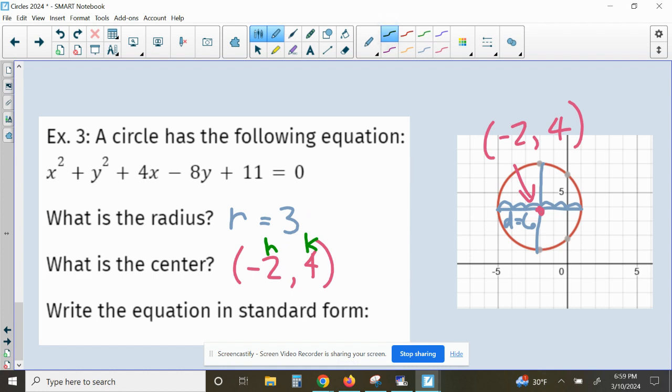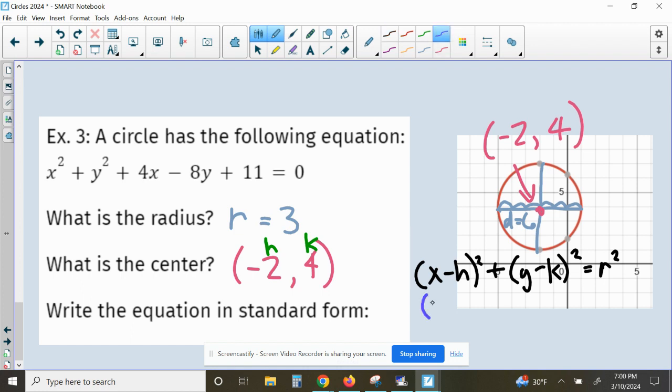So if my equation is, I'm going to write the equation x minus h quantity squared plus y minus k squared equals r squared. Now, obviously on your OST, you just have to memorize this. I don't think they give you the equation of a circle ever. Okay, so let's go ahead and plug in our numbers.